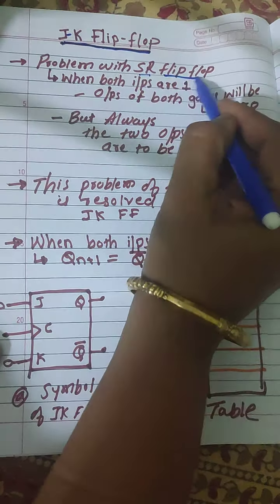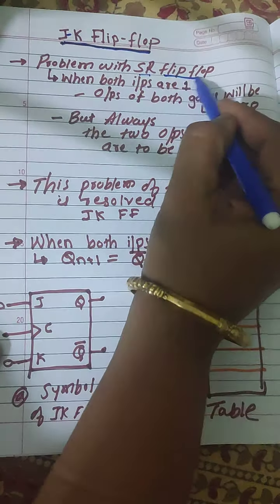First let us see the logic diagram of the JK flip-flop. We are going to modify the existing SR flip-flop. This is our clocked SR flip-flop. S is one input, R is the other input, and Q and Q bar are the two outputs. Since it is a clocked SR flip-flop, we apply the clock.